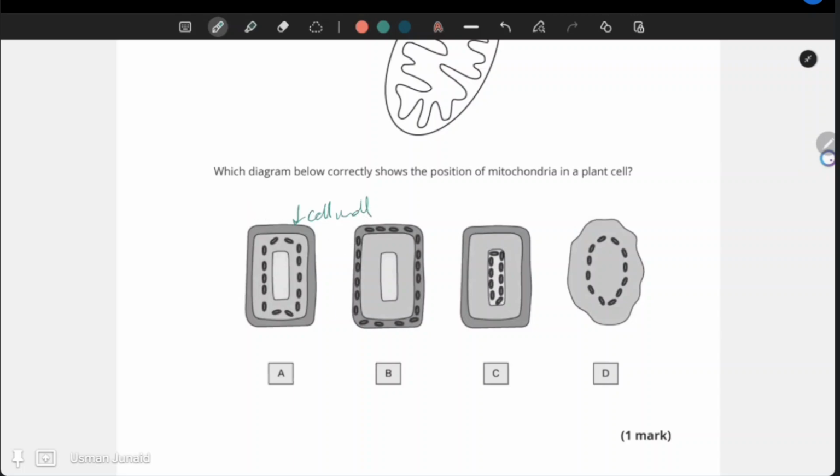After that we have this line which is the cell membrane, and you have the vacuole here, right? And then in between the vacuole and the cell wall we have the cytoplasm. Okay, so the cytoplasm is where all the organelles are found. So the answer is A.